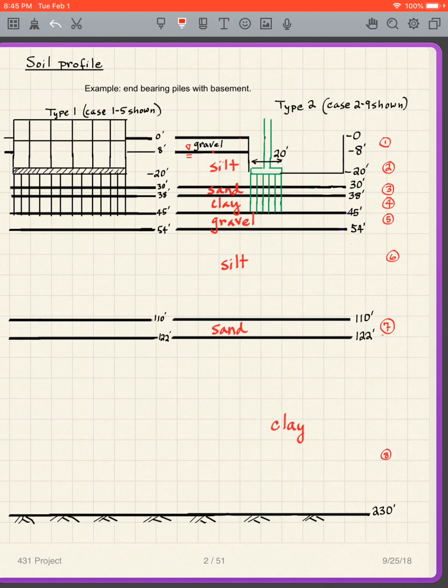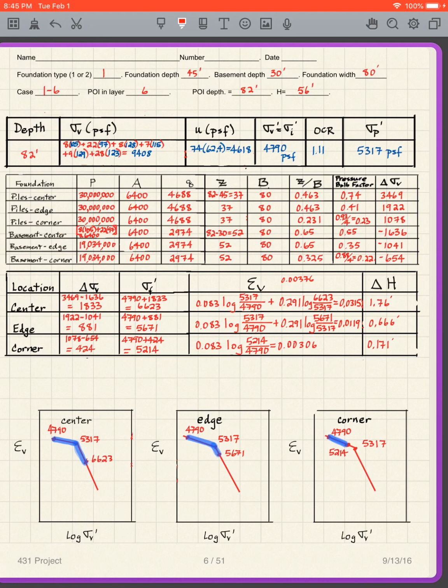You're going to fill out tables like this, and so what do we start with? Well, this is done before the structure is built. So I want to get what are the stresses in the soil before the structure is built. So let's start there.